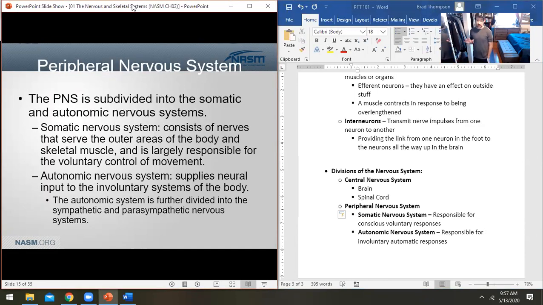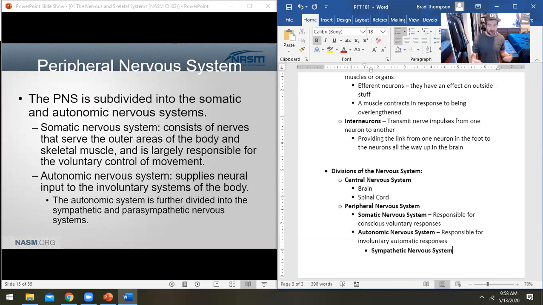Now that autonomic stuff is going to divide into two systems as well. So this is going to further pare down into your sympathetic, which is part of the peripheral because it's part of the autonomic. So this is part of this, which is part of this.